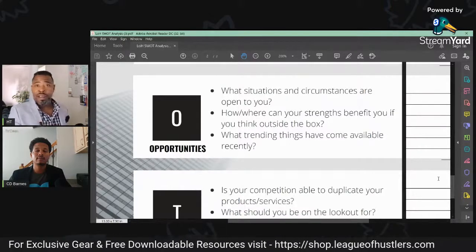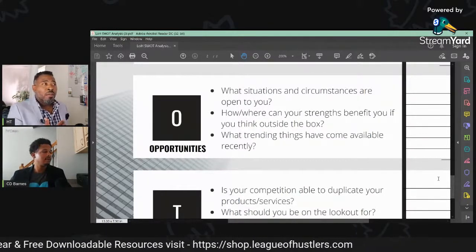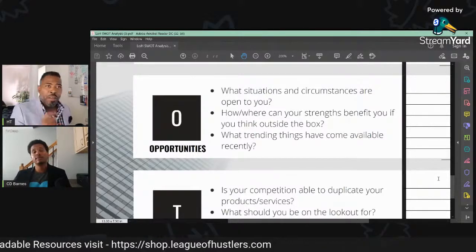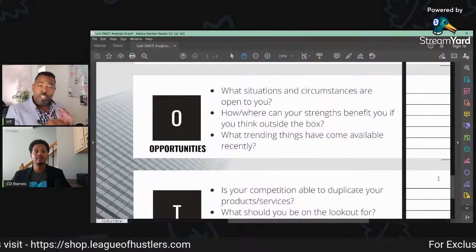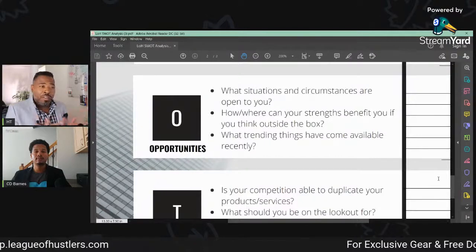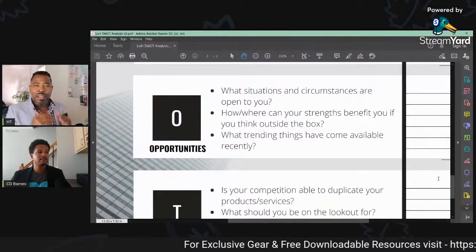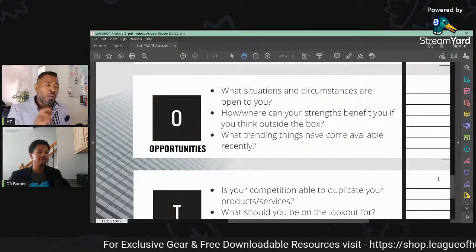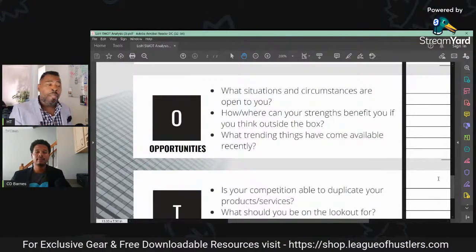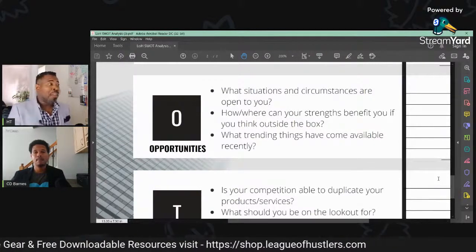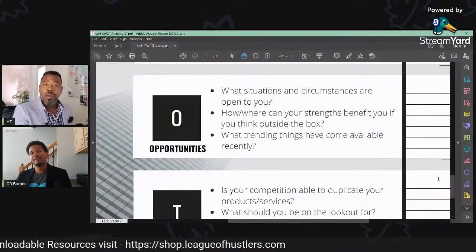TikTok is popping right now. Okay, and they have a crazy algorithm because it'll feed you stuff that is so relevant. But with that comes an opportunity. An opportunity for what, HT? An opportunity for you to get in where you fit in.